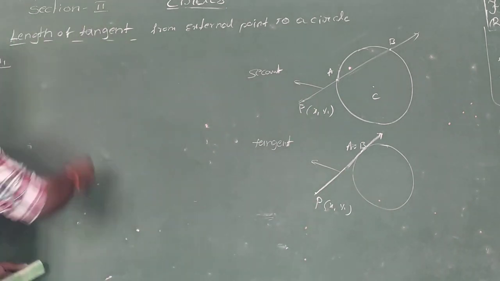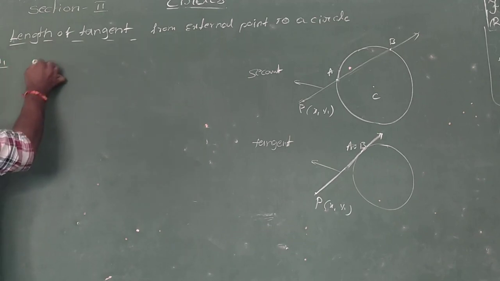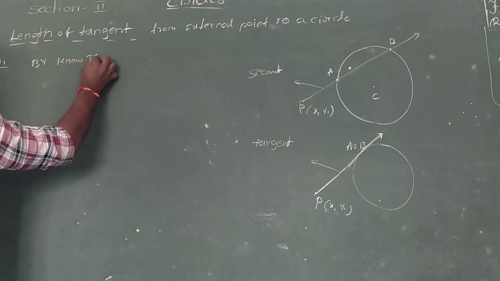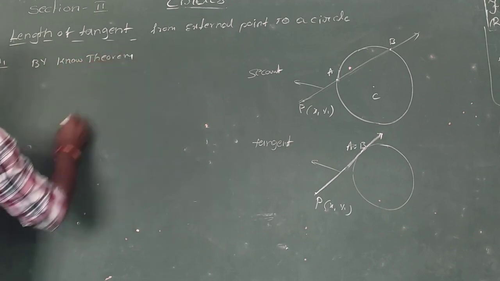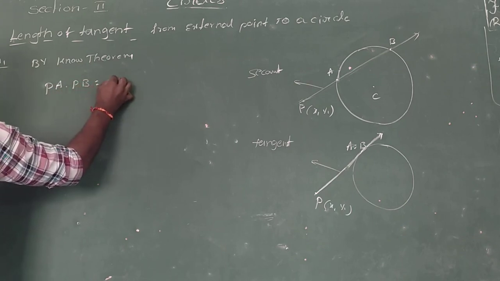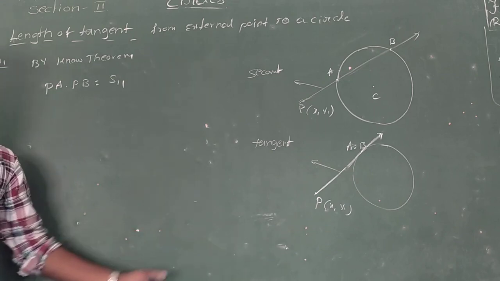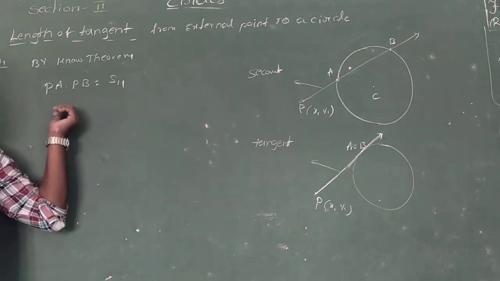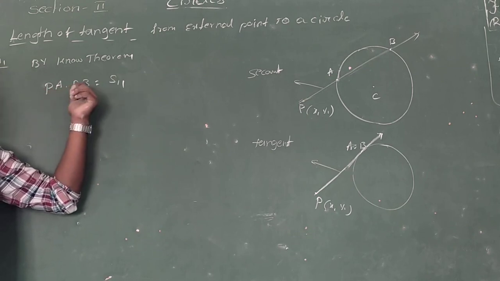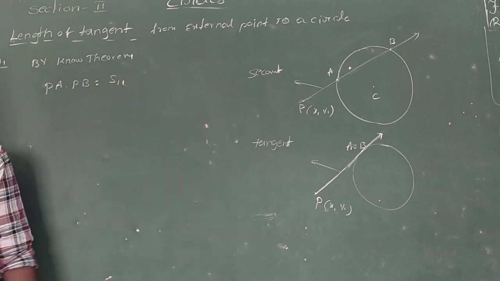By using the theorem, this is method 1. We need to find the length of the tangent by a known theorem. The theorem statement is PA into PB is equal to S11, which we proved in the previous theorem. The product of the two distances from point P to A and P to B is the power of the point, S11.